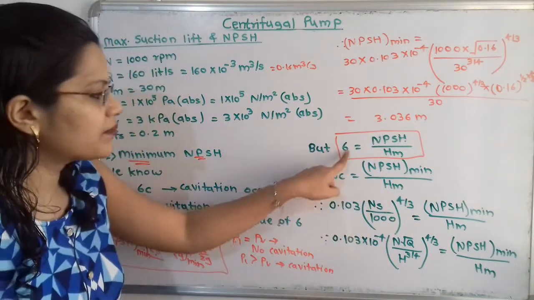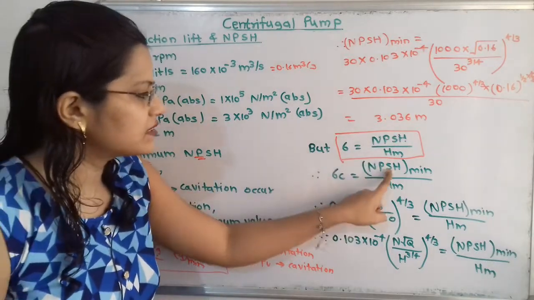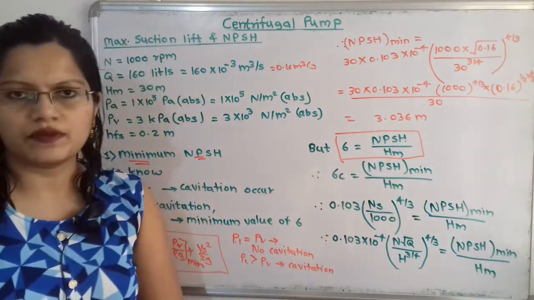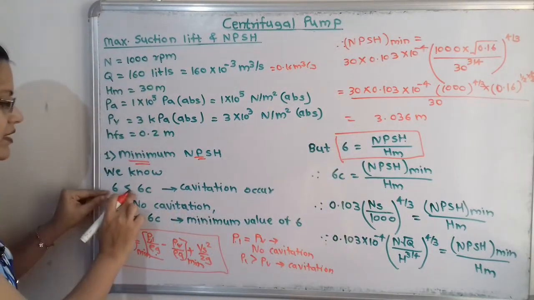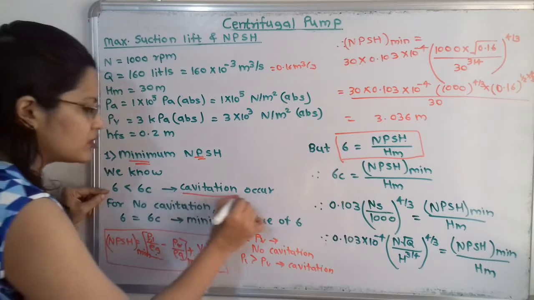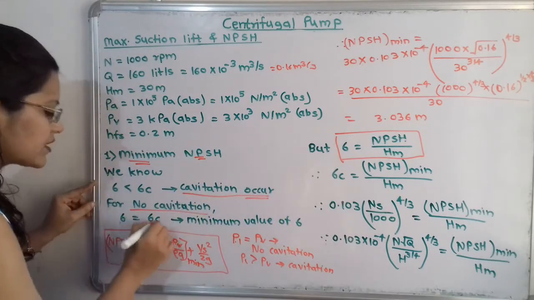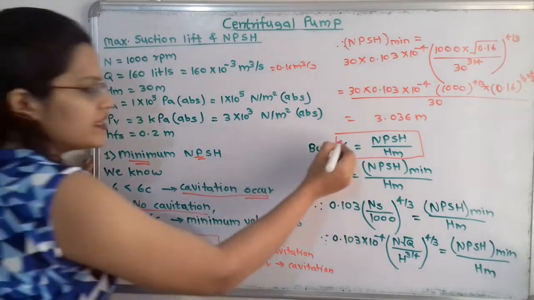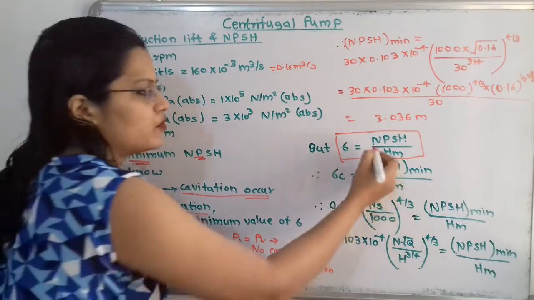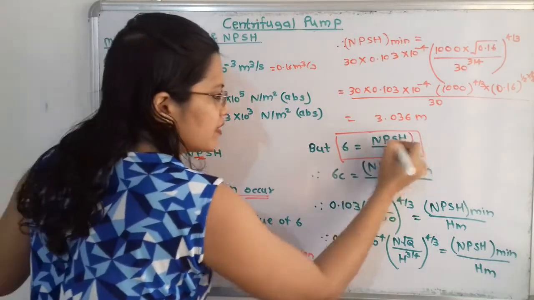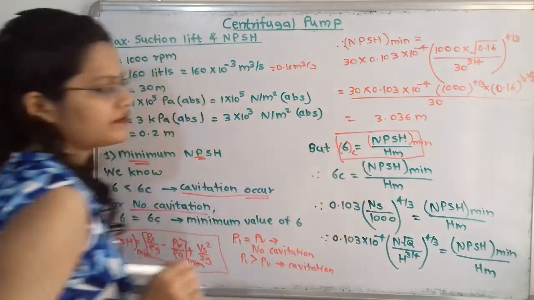So when sigma is equal to sigma c, then NPSH is equal to NPSH minimum. Because we know that when sigma is less than sigma c, cavitation occurs. So for no cavitation, sigma is equal to sigma c. In the formula sigma is equal to NPSH by Hm, if I put NPSH minimum, then I have to put sigma c.